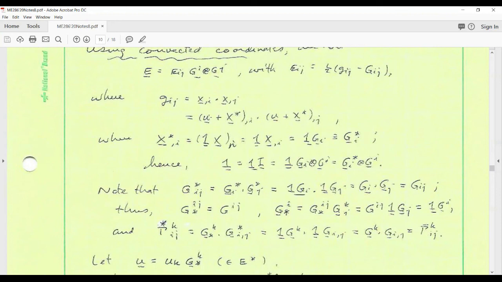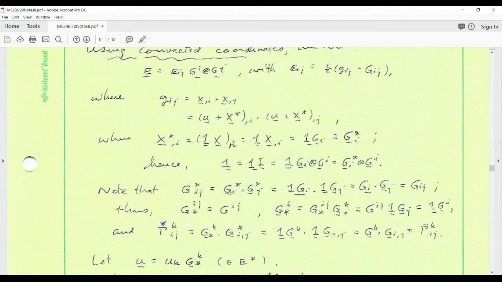Small x is now the displacement plus this shifted x, x star. So we do that here twice. The shifted x, we need a comma I for that. That's 1x comma I. 1 is spatially uniform, so that's 1x comma I. Capital X comma I was GI, if you recall. So we get 1 GI, which we'll call GI star. So this shifts the GI into an element of the vector space E star, call it GI star.